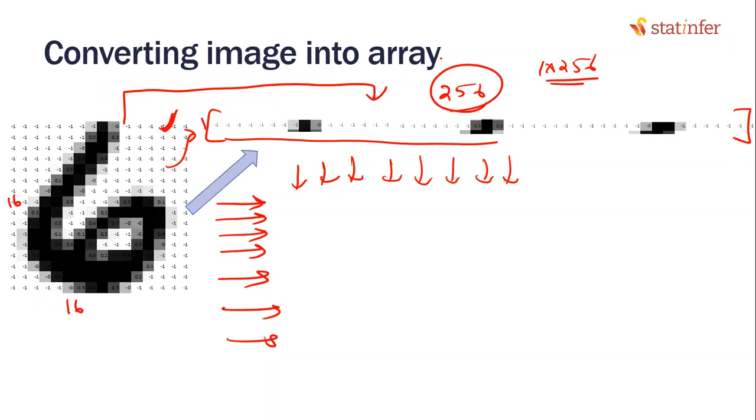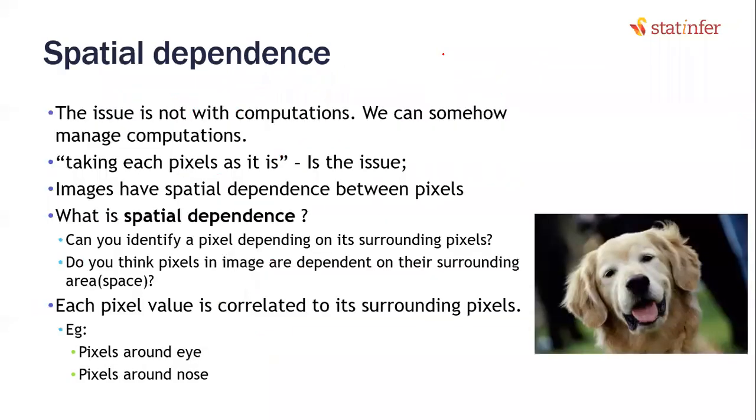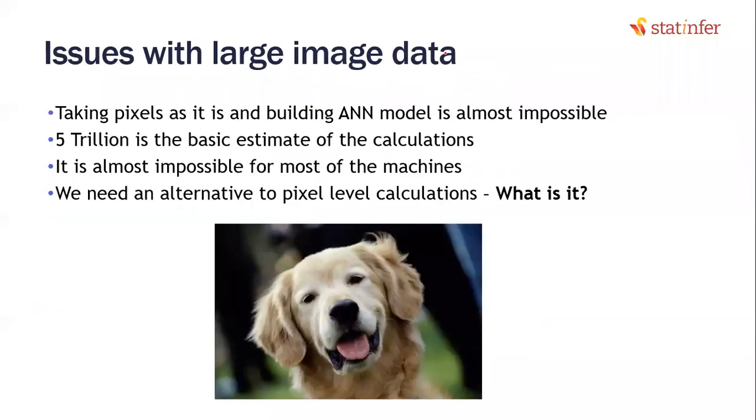If you flatten the images, you will lose an important property of images called spatial dependence. What is spatial dependence? There is one basic property of images: pixels around this area are similar to each other. Pixels around this area are similar to each other, isn't it?